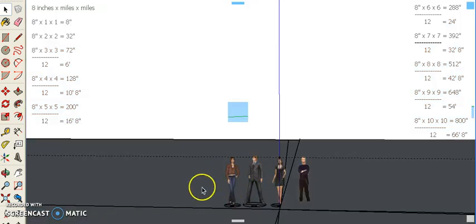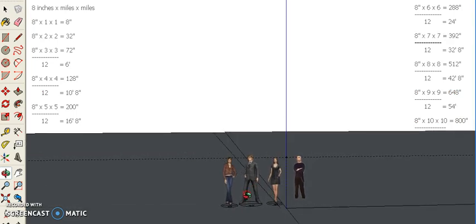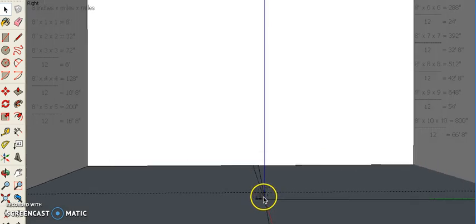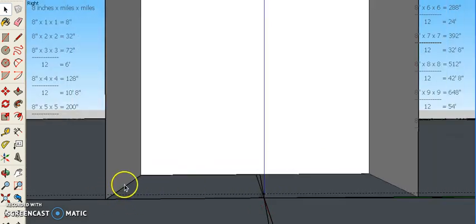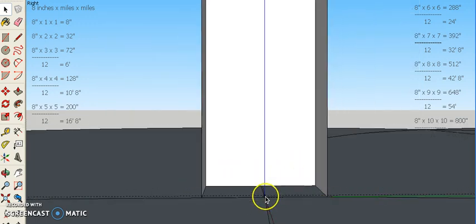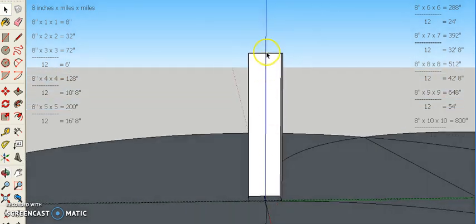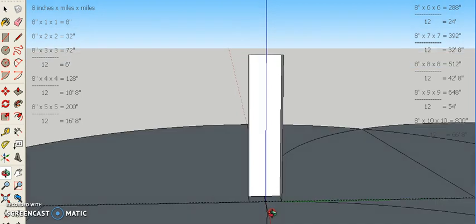We are back at 0 point, and we have our friends standing. What I've done is created a building which is 200 feet deep, 400 feet wide, so it is half a building. They are standing inside. It is 1,776 feet tall.